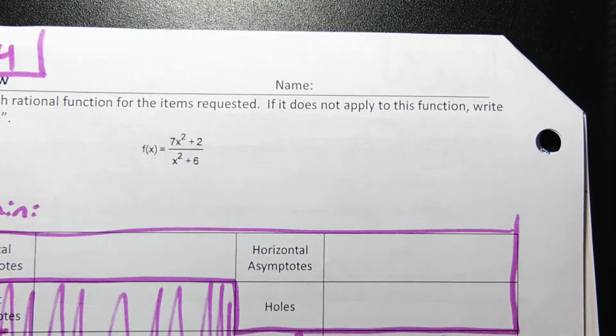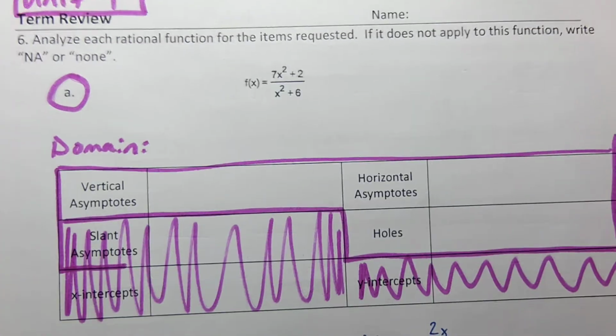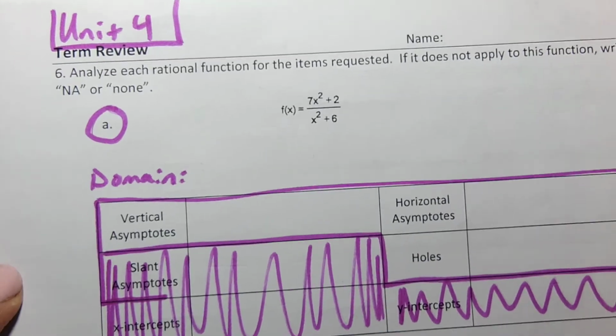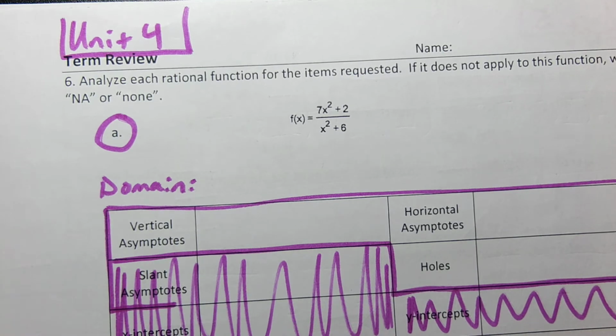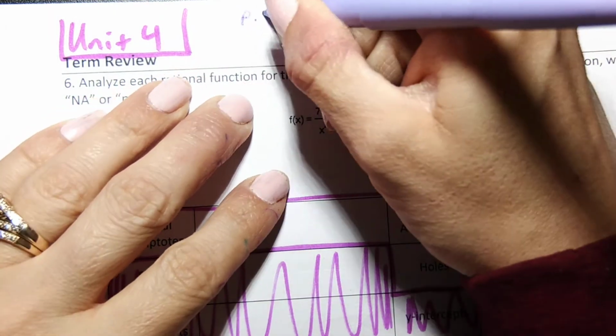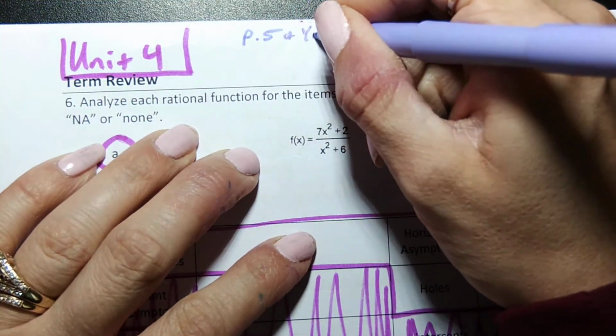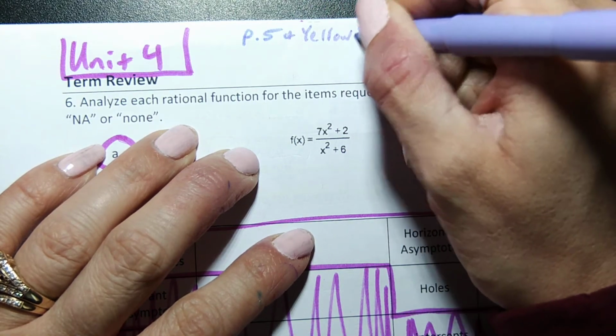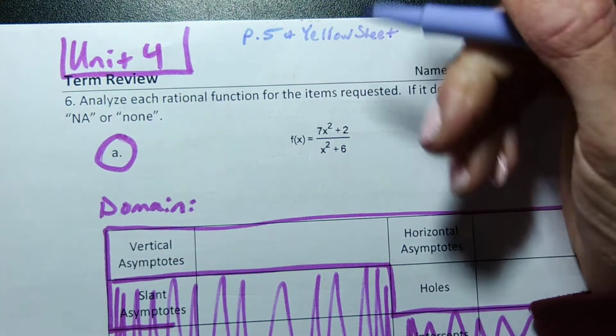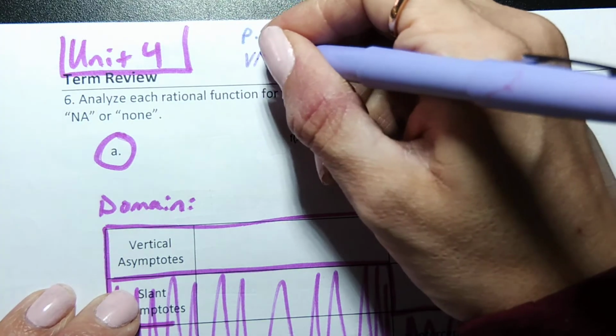On that page, flip back to the previous page, and we're ready to do our last little blurb on restrictions. First, the places where you will want to study these things are page 5 of the notes and that yellow sheet if you still have it. If not, it's posted on Canvas, but the notes should be good enough to get you there.